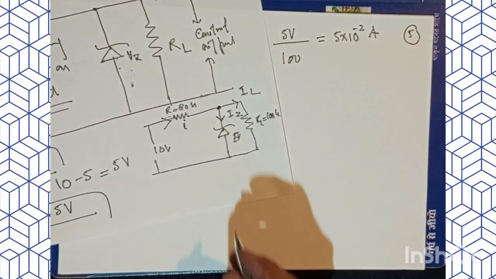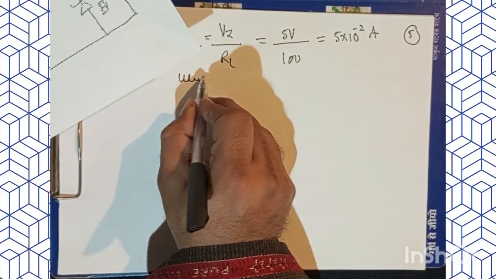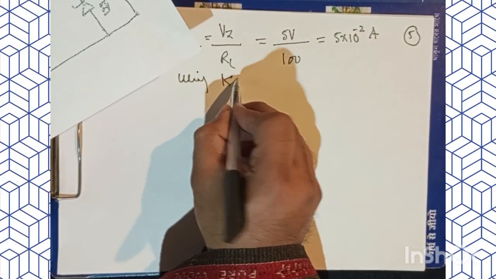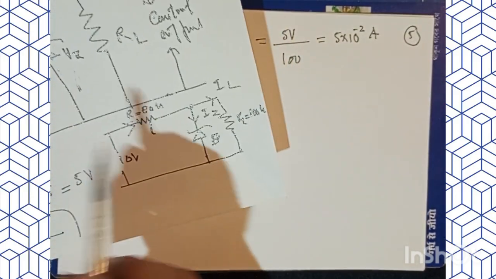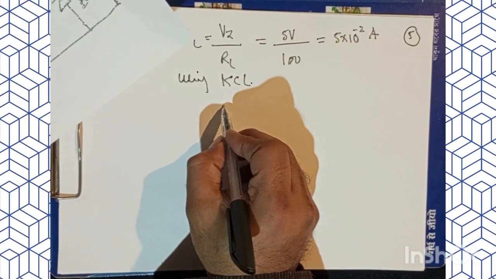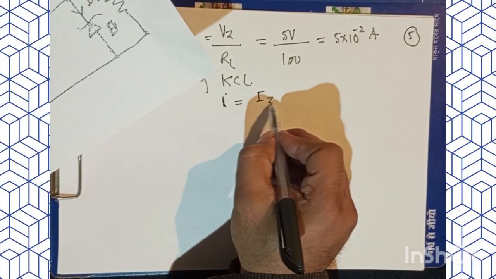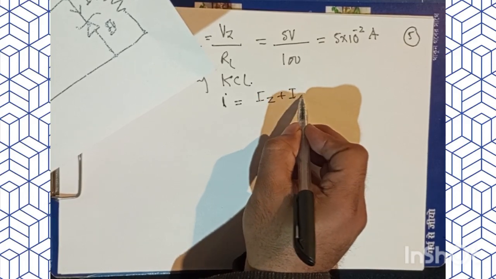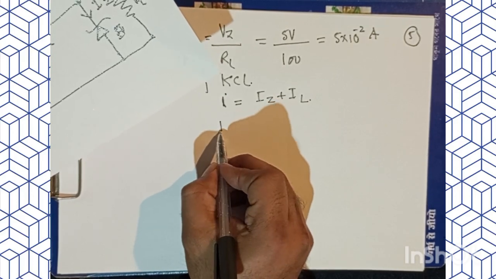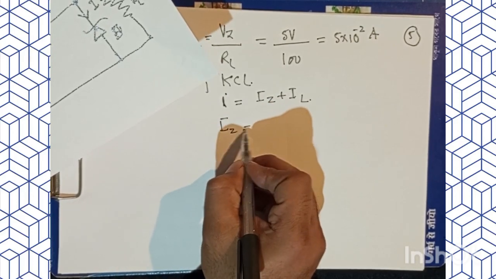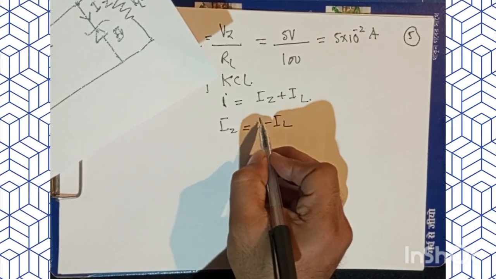If I use KCL, what am I going to get? This I will be equal to IZ plus IL. So IZ will be equal to I minus IL, right?